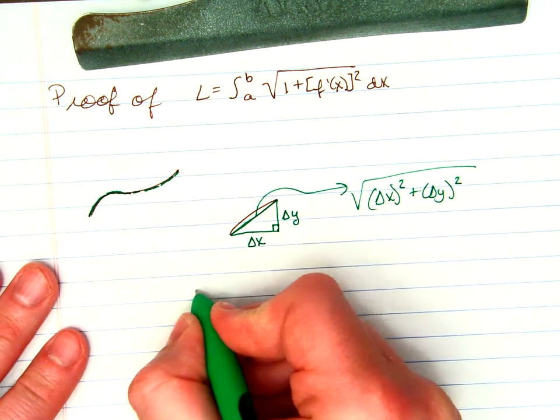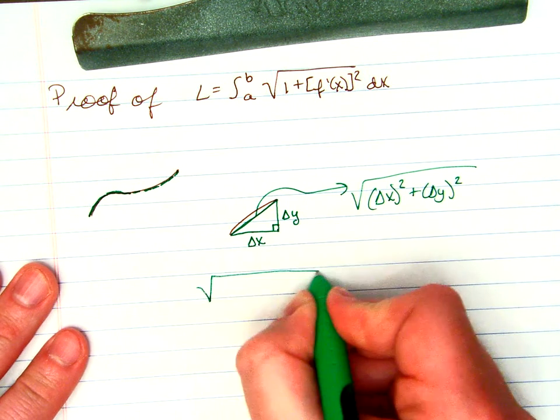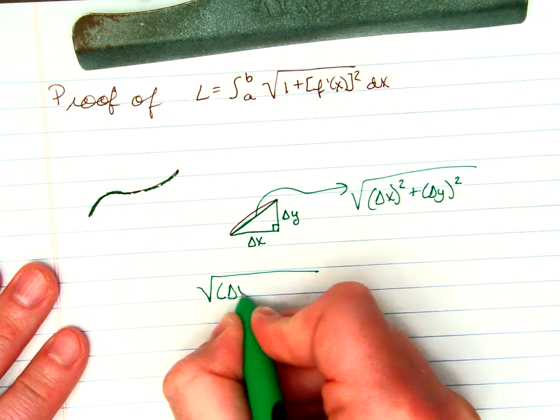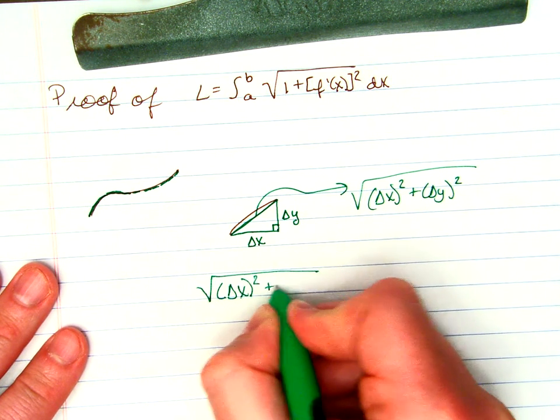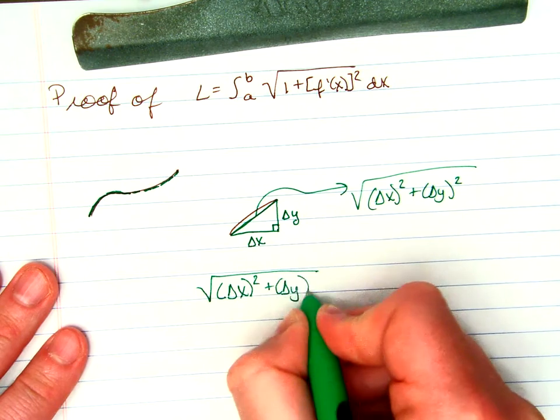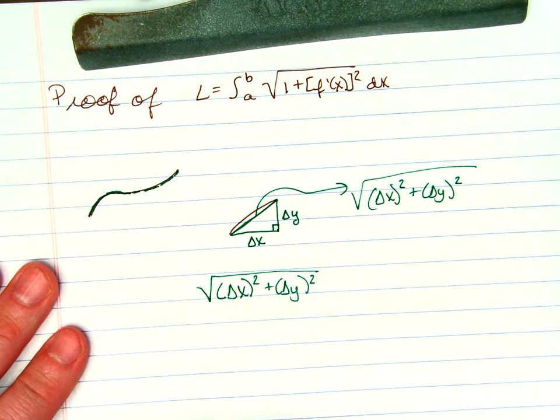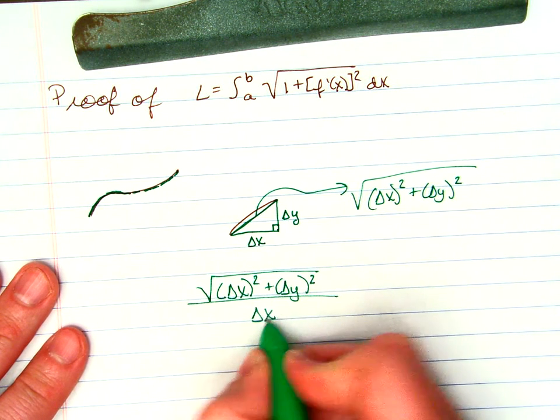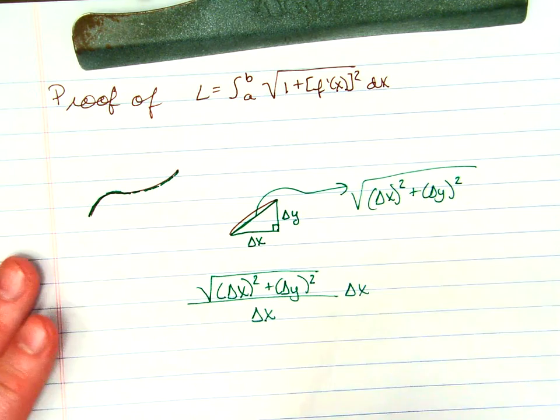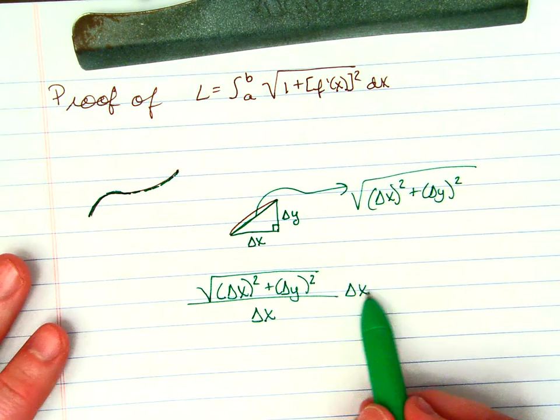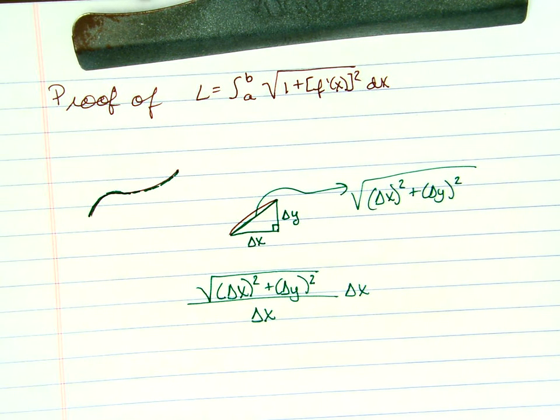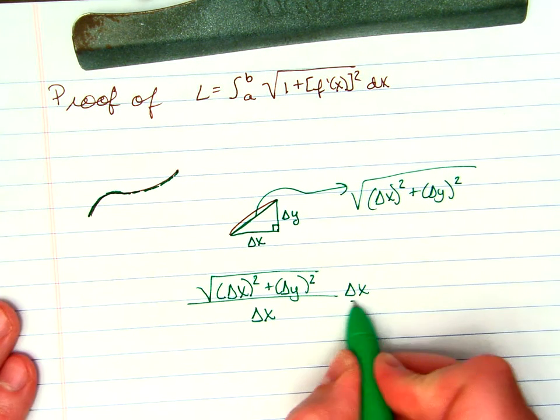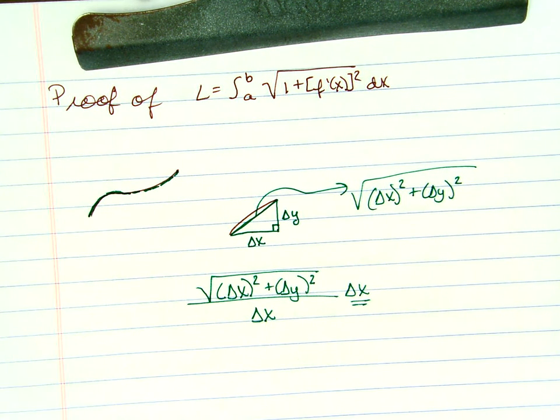Let me go through a little bit of algebra here. Let's say I take that square root of delta x squared plus delta y squared, and just for fun, I'm going to divide it by delta x and multiply it by delta x, which of course is really just like multiplying it by 1. It doesn't change things. But I have the delta x at the end because I want a dx when I'm done with everything.